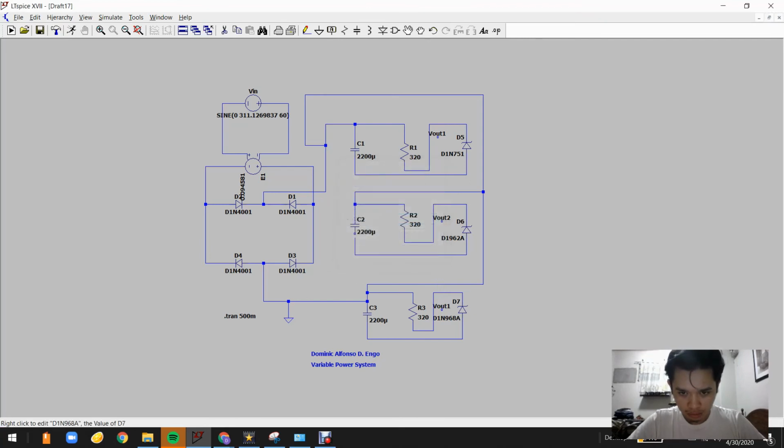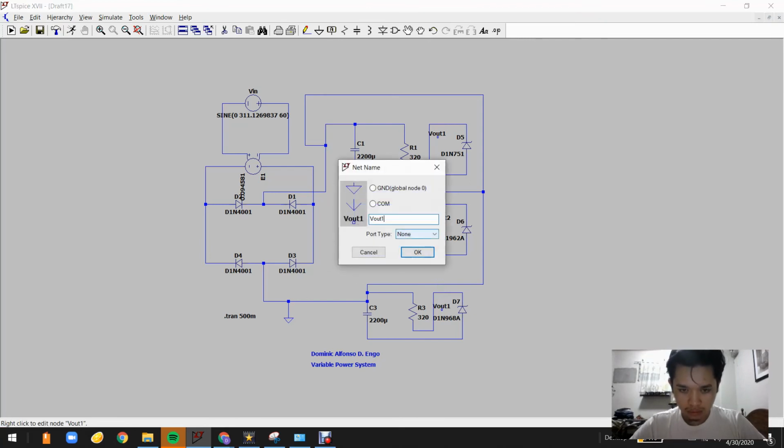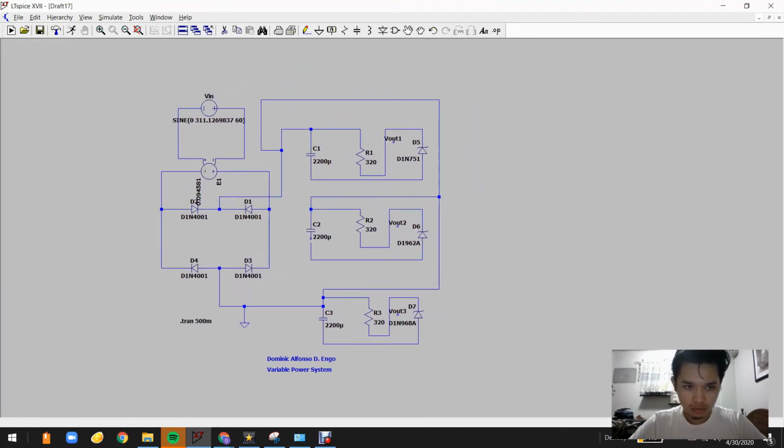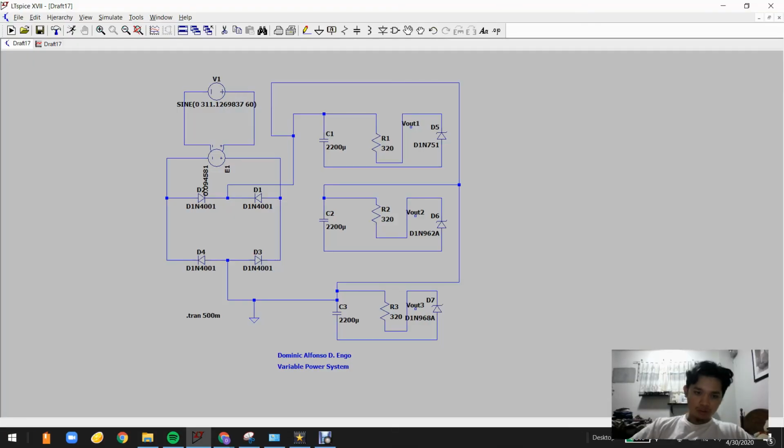That's our second one. This one's our third one. The last thing I need to do before I run this is to correct this. These are supposed to enclose the capacitors. So, yep, there we go.